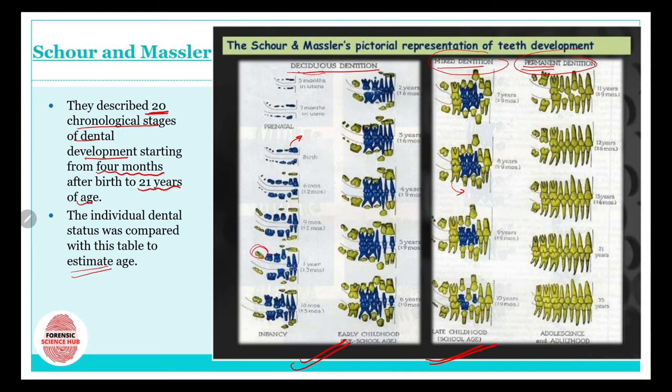If we have a set of teeth and need to estimate the person's age, we can study those teeth, see how many have erupted and how many are still inside, and on the basis of that we have the estimated age written in this chart. So the individual dental status can be compared with this table to estimate the age.